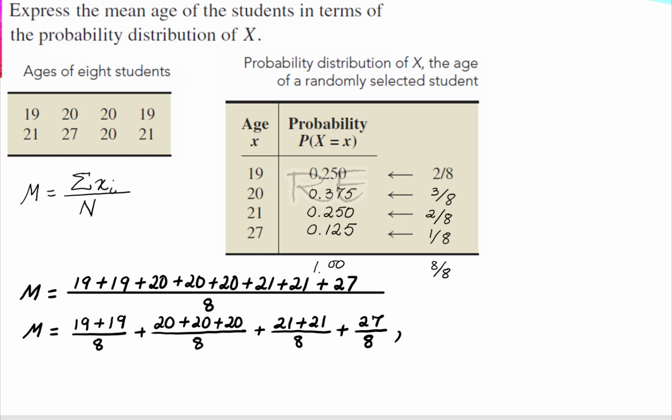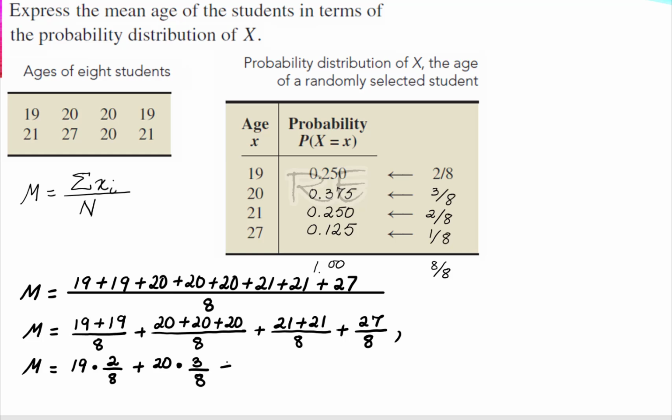Now we have 2 19s, so it's going to be 19 times 2 over 8. We have 3 20s, so it's going to be 20 times 3 over 8.